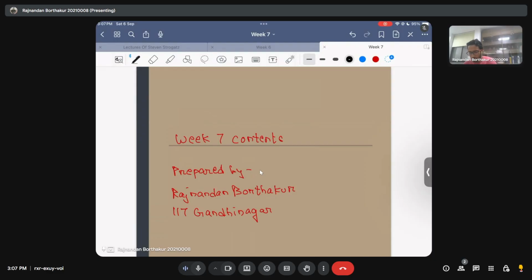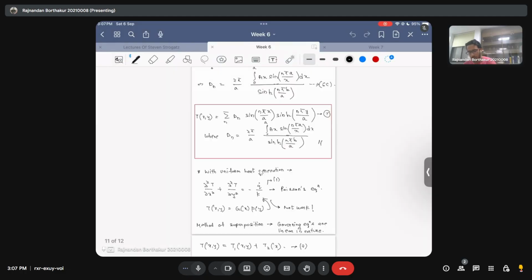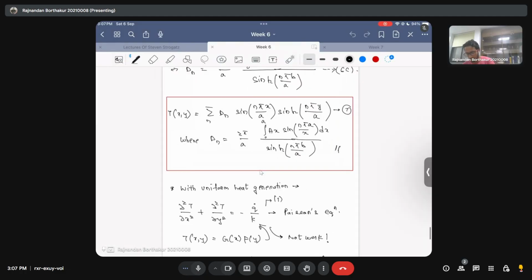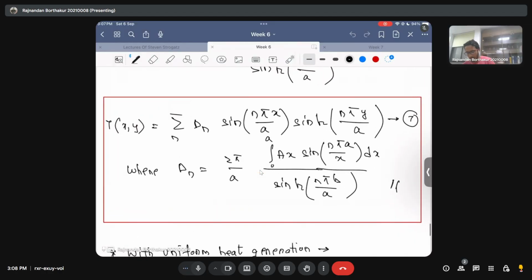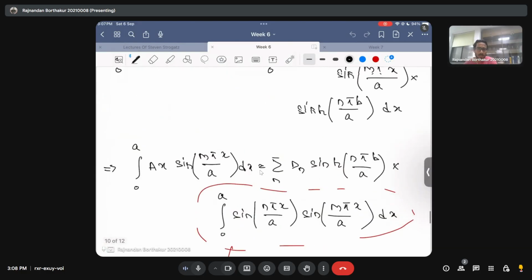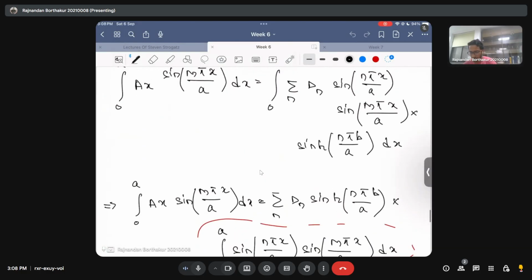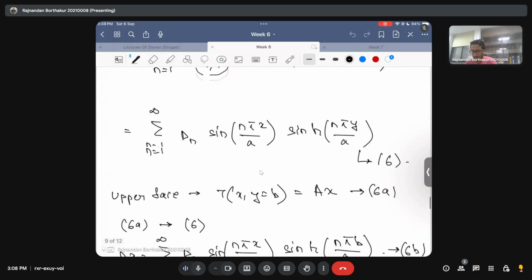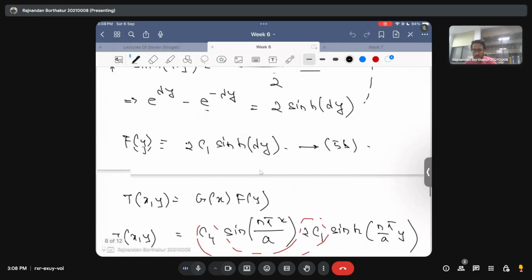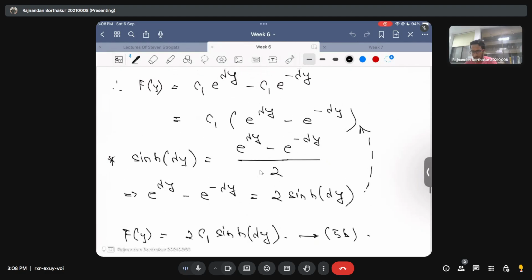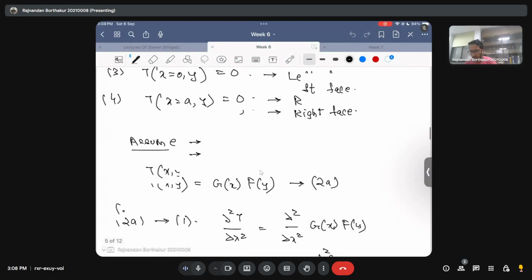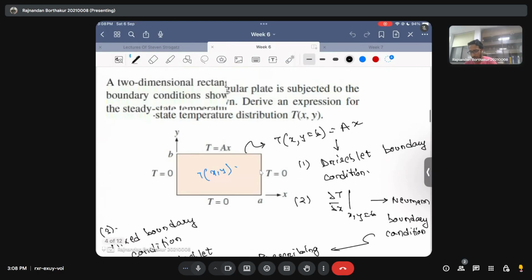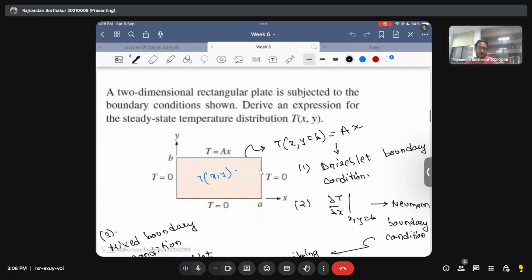In the last class, which was yesterday, we looked at higher dimension conduction heat transfer, which is basically trying to understand how we solve heat conduction equations in a steady state scenario where the temperature field is a function of two coordinates, x and y.